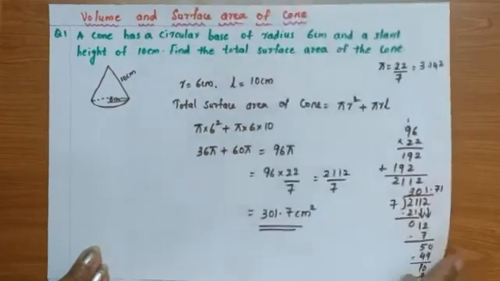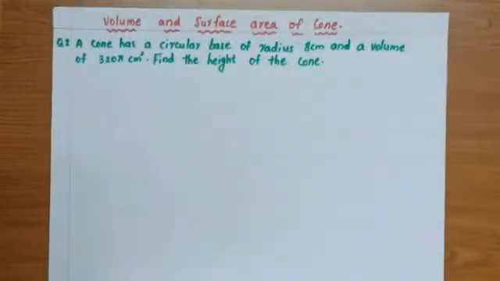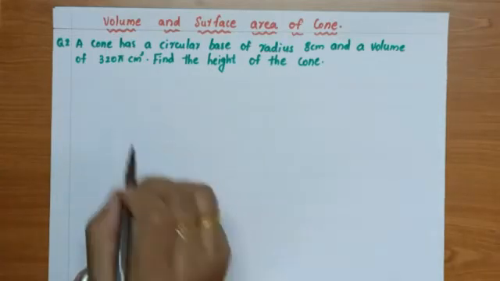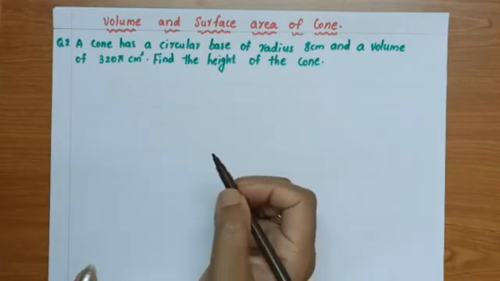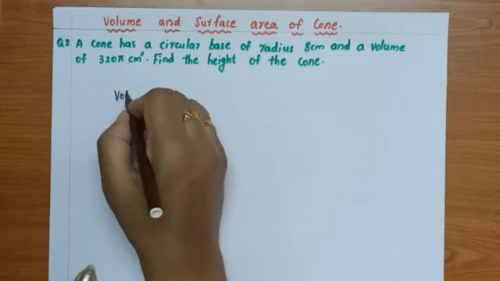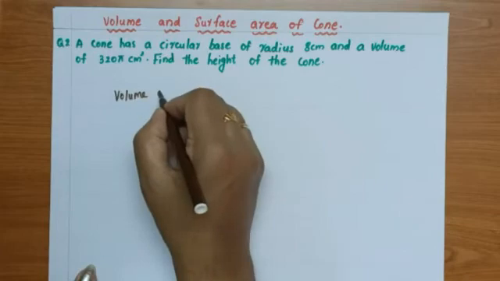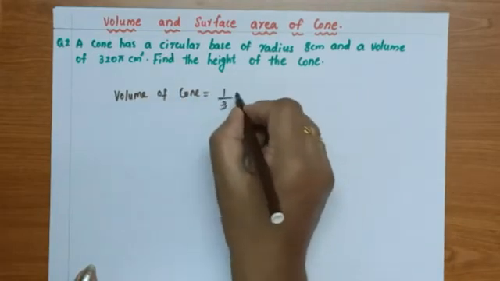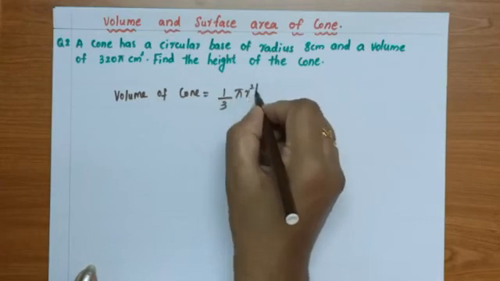Now question number 2. A cone has a circular base of radius 8 centimeter and volume of 320 pi centimeter cube. Find the height of the cone. We know that the volume of a cone, the formula, is 1/3 pi r square h.